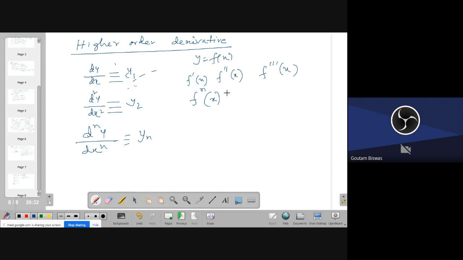These are called higher order derivatives, that is, derivatives of more than first order. Sometimes this is referred to as successive differentiation.